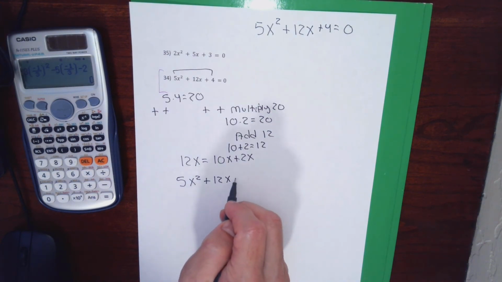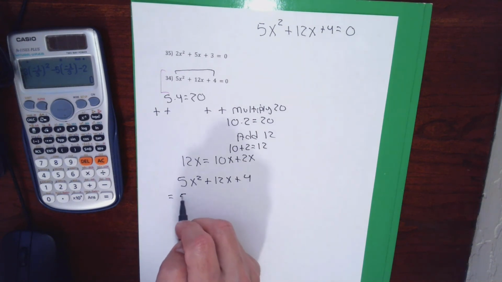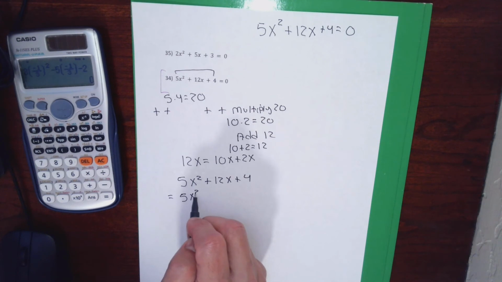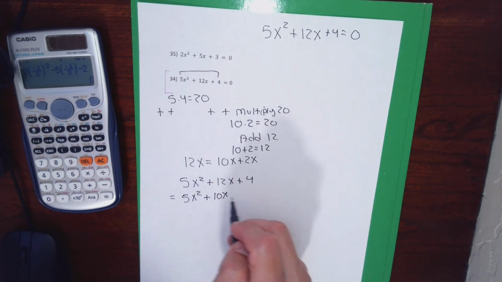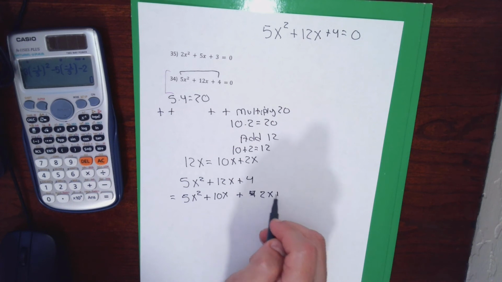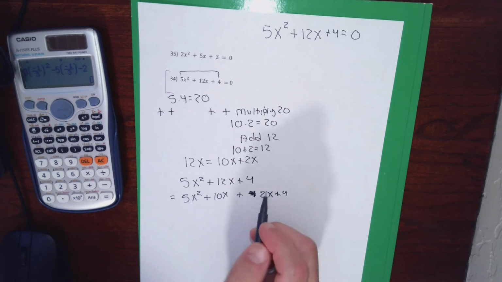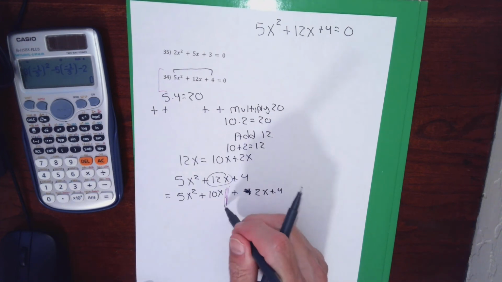So I am factoring 5x squared plus 12x plus 4, and I'm going to rewrite my problem as 5x squared plus 10x plus 2x plus 4, just taking this 12x and splitting it, leaving the rest of the problem the same.